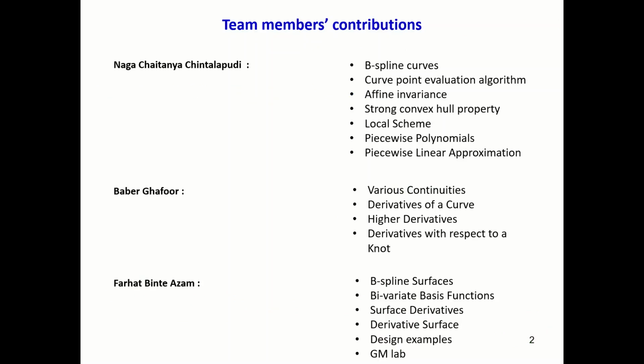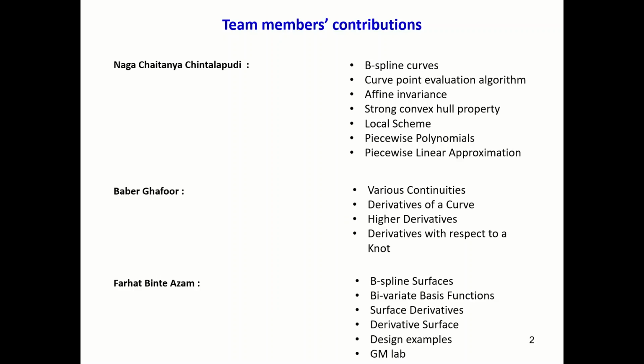Here are our team members' contributions. I am going to explain the topics B-spline curves, curve point evaluation algorithm, affine invariance, strong convex hull property, local scheme, piecewise polynomials, piecewise linear approximation.